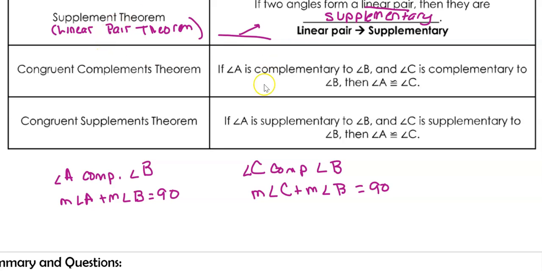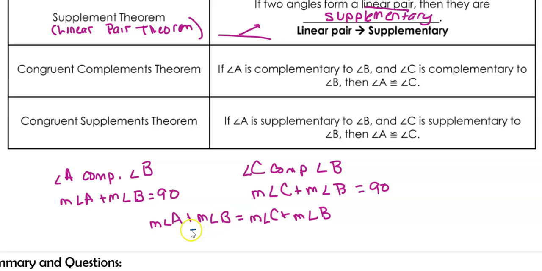Now these two statements look very similar, right? I've got measure of angle A plus measure of angle B, measure of angle C plus measure of angle B. They're also both equal to 90, so I could use substitution or the substitution property of equality to say measure of angle A plus the measure of angle B equals the measure of angle C plus the measure of angle B. So all I did was say, oh, well, these are both equal to 90, so they can be equal to each other.